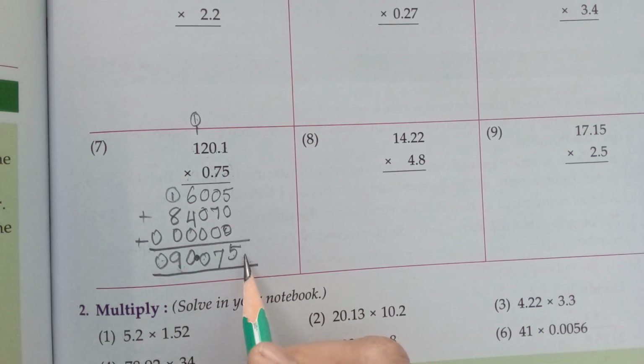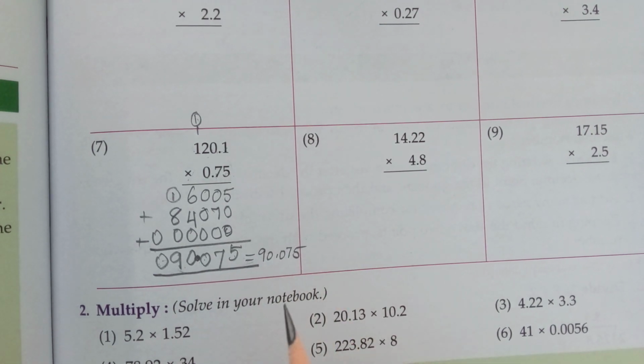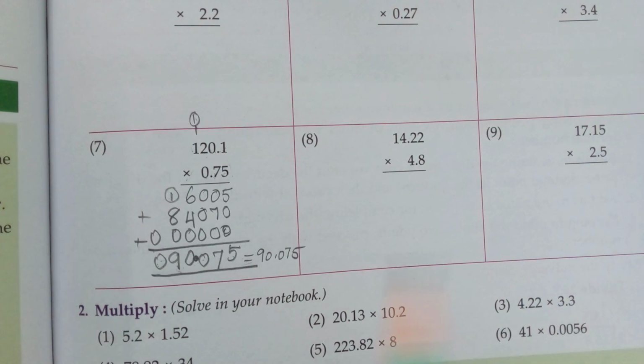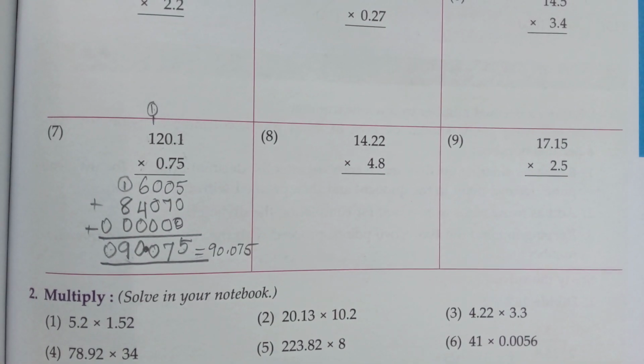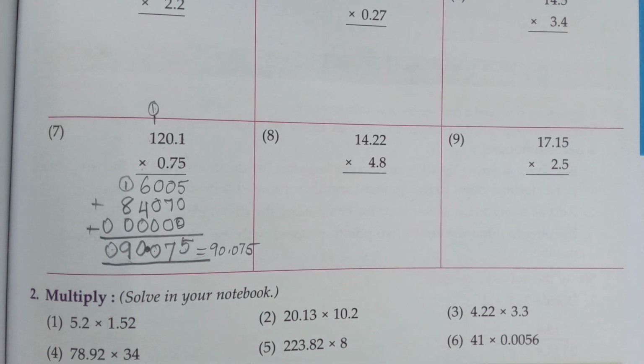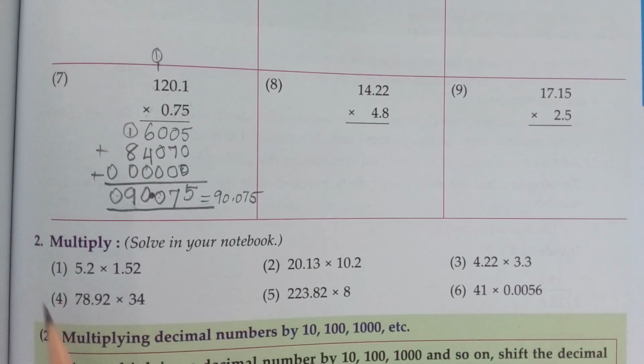We tell the answer as 90.075. Okay children, you do it in your classwork so that you can get the space. Okay, don't do it in your textbook. Okay children, do it in your classwork one by one, write the sum and write neatly, you will get the space. Okay children, so in this way you do this also. Okay, understood?